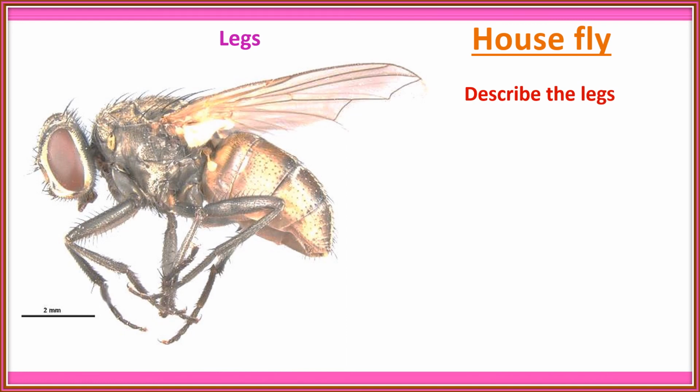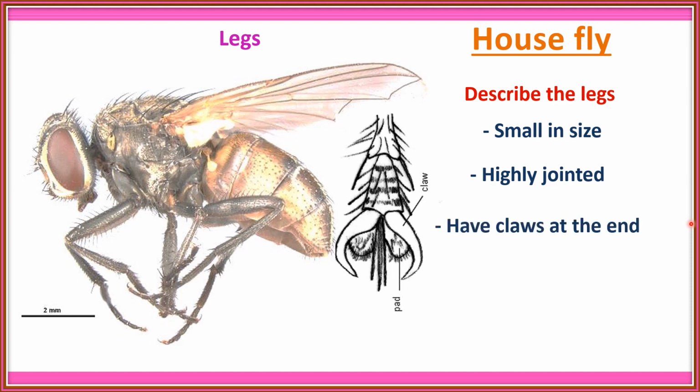Describe the legs. The legs are small in size, highly jointed. They have claws at the end. They have got glandular pads in between the claws, and they are hairy.